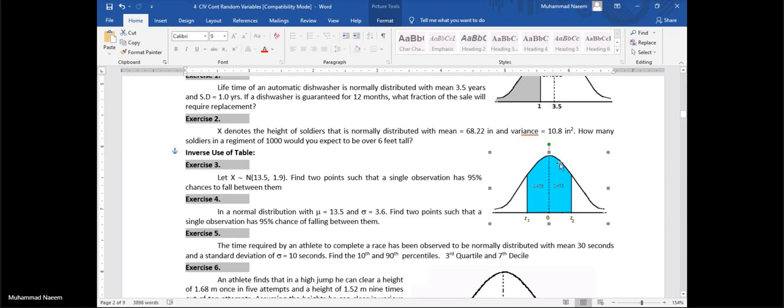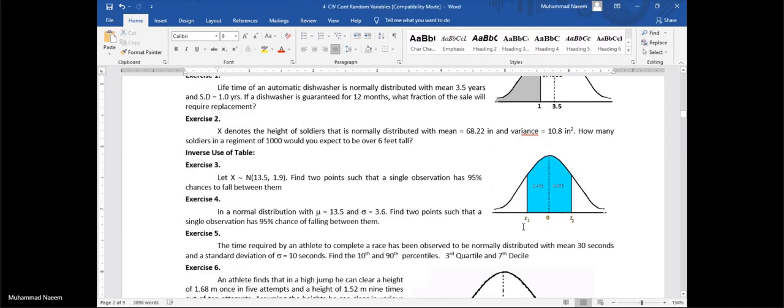This area is 0.95. Due to symmetry, half of 0.95 will be here in the left half, and half of 0.95 will be in the right half, which is 0.475.